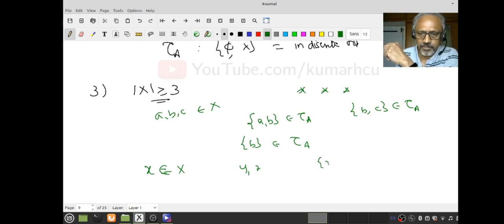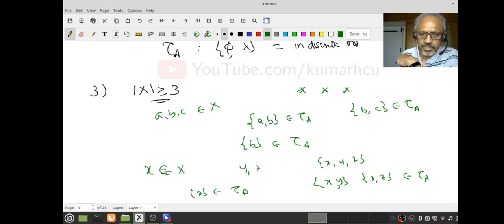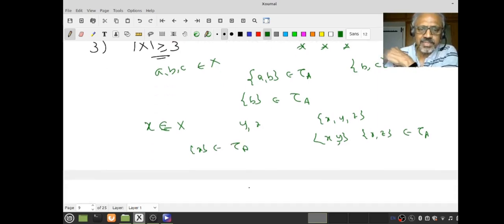Therefore, I can form {x, y} and {x, z}. These are going to be in tau A because it's the smallest topology. That means their intersection, namely singleton x, must be in tau A. What do you think I have proved? Every singleton must be in tau A. That means the topology tau A must be the discrete topology.